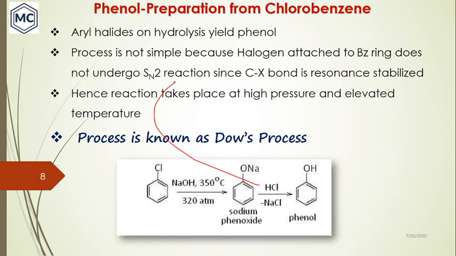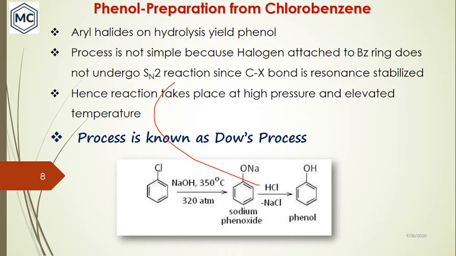Next one is preparation of phenol from chlorobenzene. Usually, aryl halides on hydrolysis yield phenol, but this process is not simple because a halogen attached to a benzene ring does not undergo a substitution reaction easily. Do you know why? Because this C-X bond is resonance stabilized.